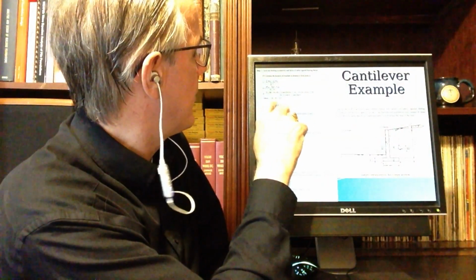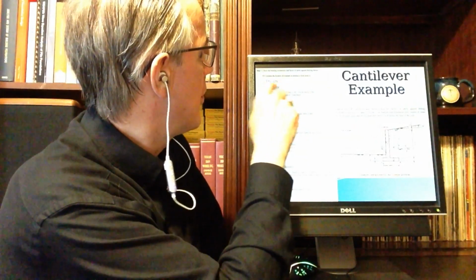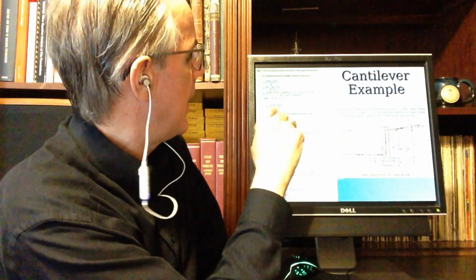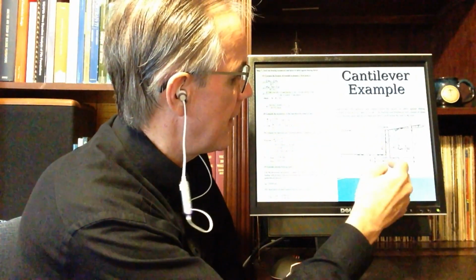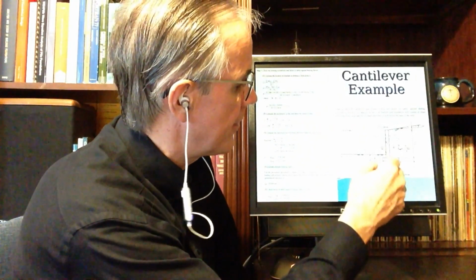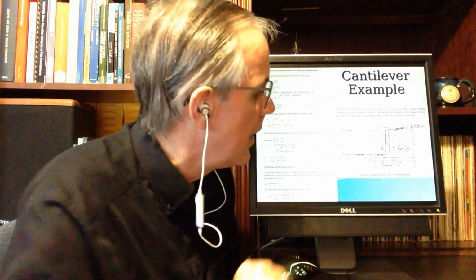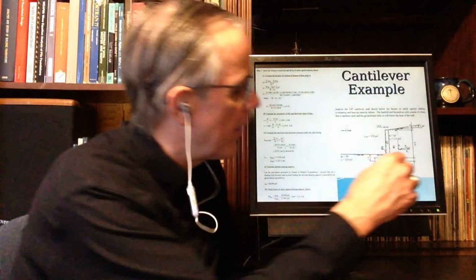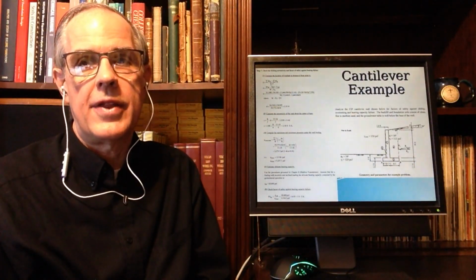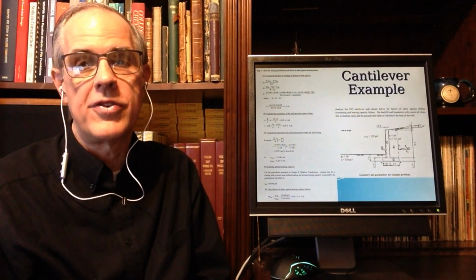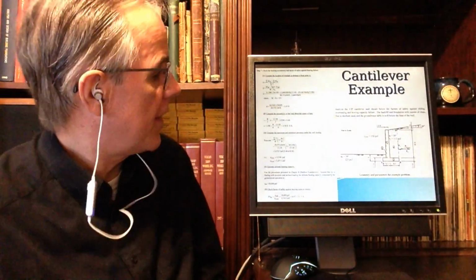So I simply substitute these moments over the resultant force, and I get a moment arm of 5.55 feet. Since 2.3 plus 2.3 is 4.6 feet, the resultant is somewhere over around here. That's the location of the resultant force on the base of the foundation. And then I check to see if it's in the middle third.